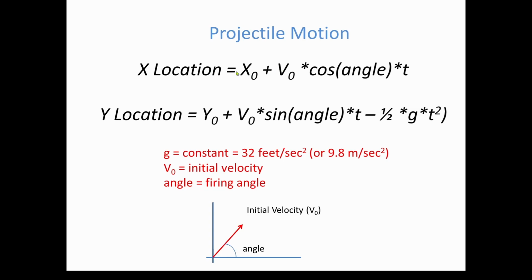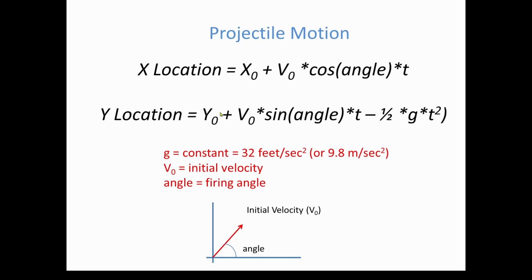If you want to calculate the x location of the object over time, you use this simple equation. The initial position in the x-coordinate plus the initial velocity times the cosine of the firing angle times the time. So you just fill in the time, you know what the angle is, you know what the initial velocity and initial position are, and that gives you the x location at every point in time.